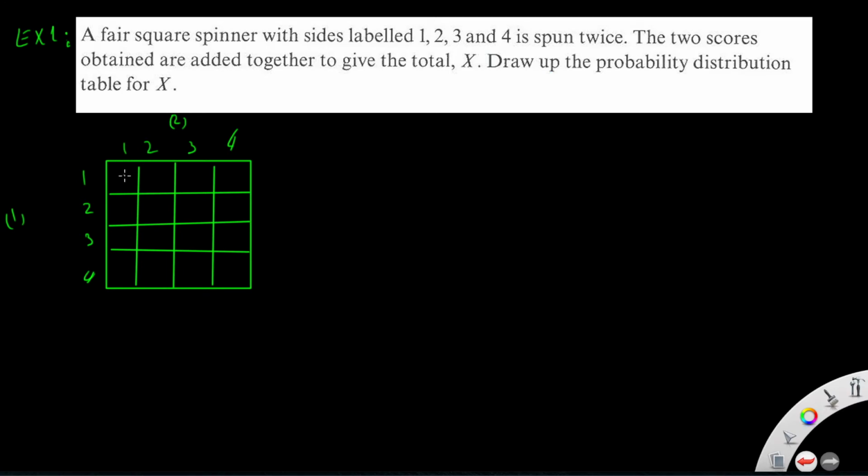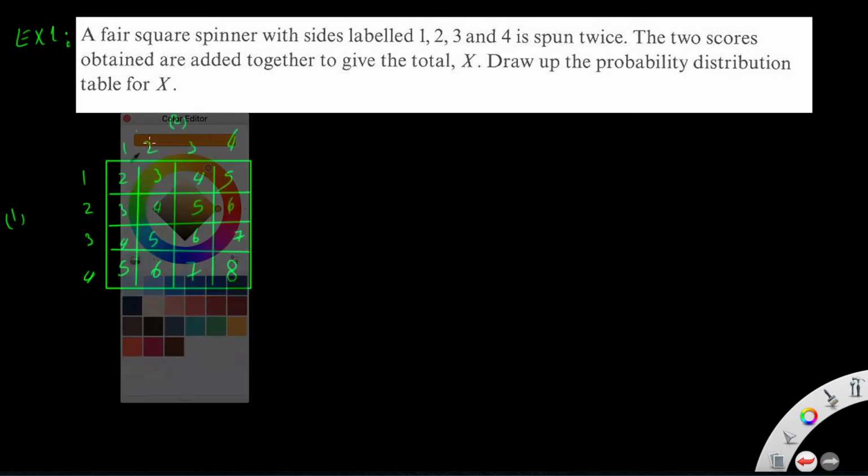So 1 and 1 is 2, then 2 and 1 is 3, 3 and 1 is 4, 4 and 1 is 5, then 2 and 1 is 3, 3, 4, 5, then 4, 5, 6, 3 and 2 will be 5, 3 and 3 is 6, 3 and 4 is 7, here will be 6, 7, and 8. This is the possibility diagram.